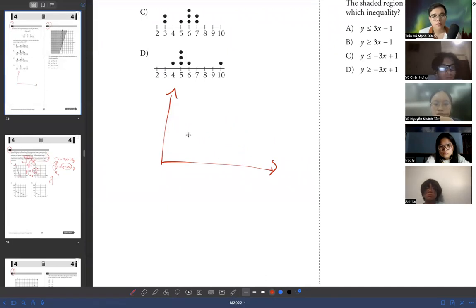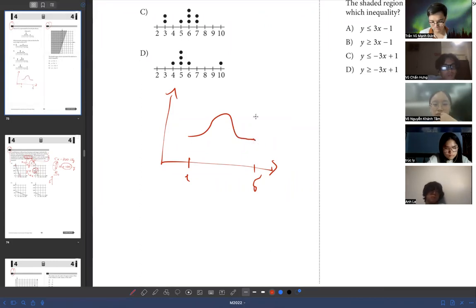Standard deviation, higher range. Let me think. It's 1 to 5. That's a good question. 1 to 5.